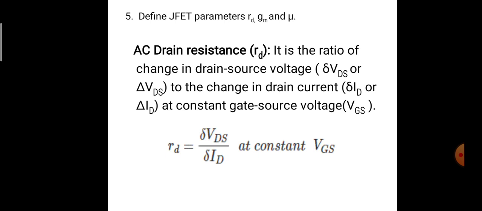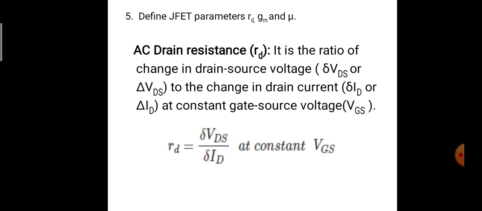Next question, define JFET parameters rd, gm and mu. There are three parameters: AC drain resistance, transconductance, amplification factor. The first one is AC drain resistance rd.